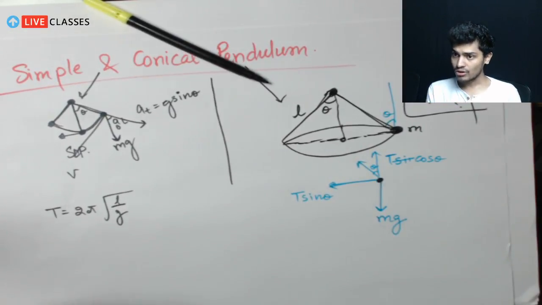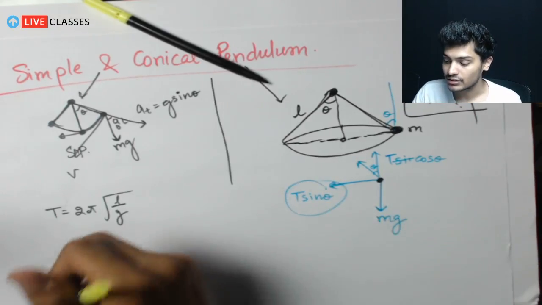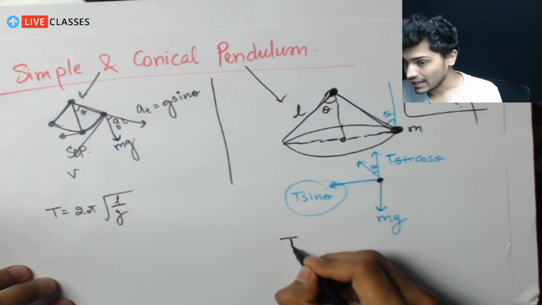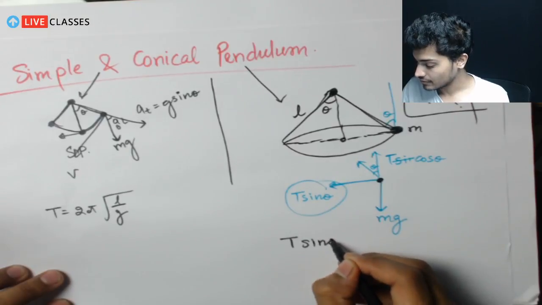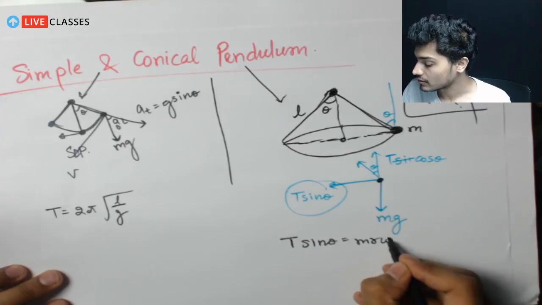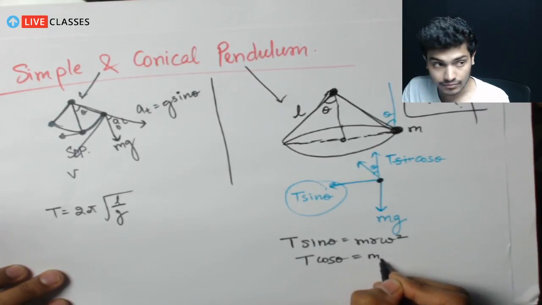It is moving in a horizontal circle, so what is the force acting towards the center? It is nothing but T sin theta, which is providing the centripetal force in this case. So we can equate T sin theta to mv square by r, or m r omega square, right? And equate T cos theta to mg.